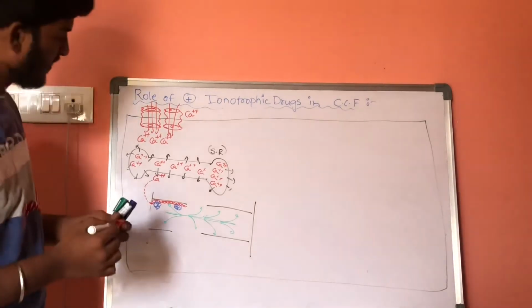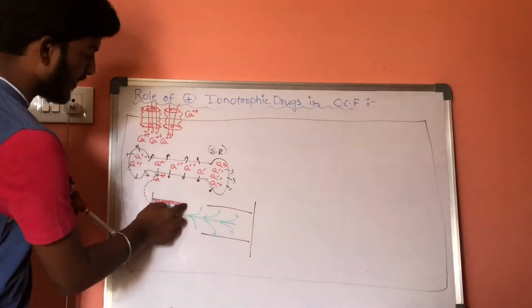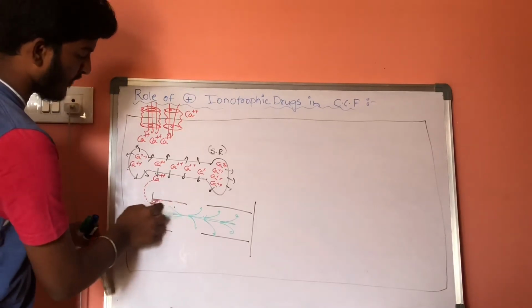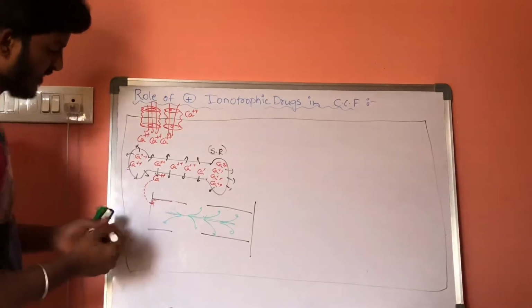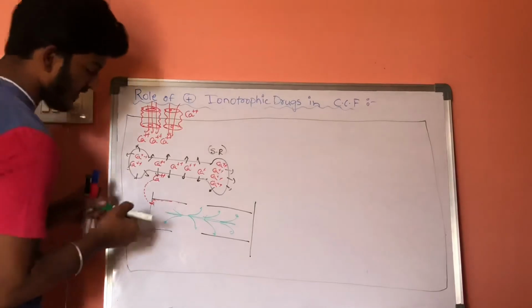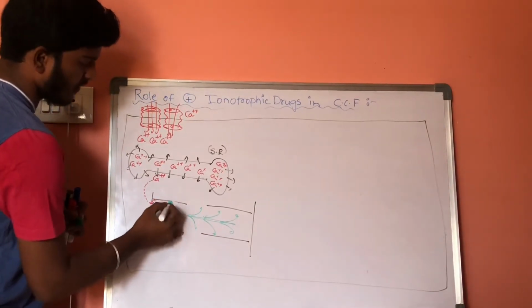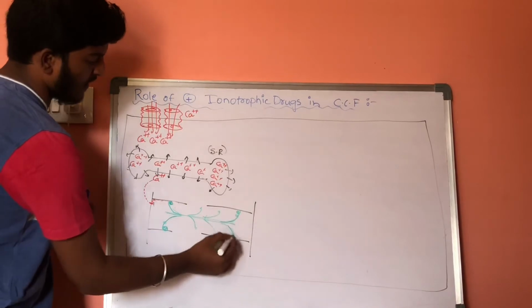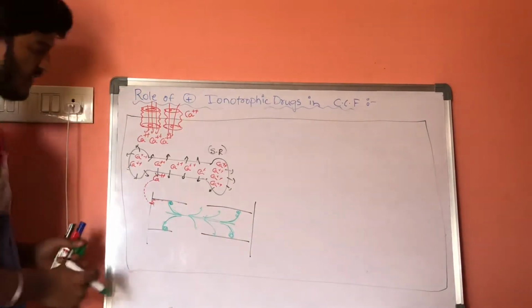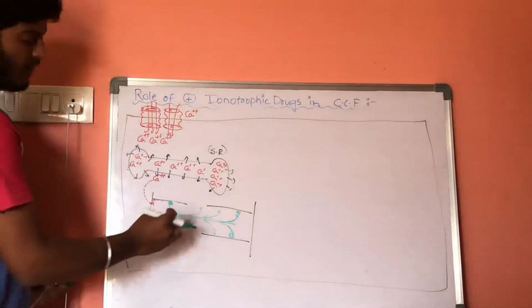Whenever it is bound with the troponin, this troponin and tropomyosin will move out from this active site. As a result, these heavy chains will be attached to the light chains, and there will be contraction of these muscles.